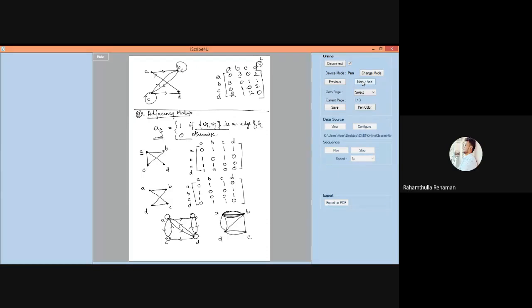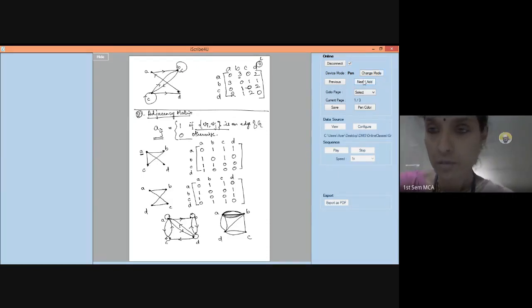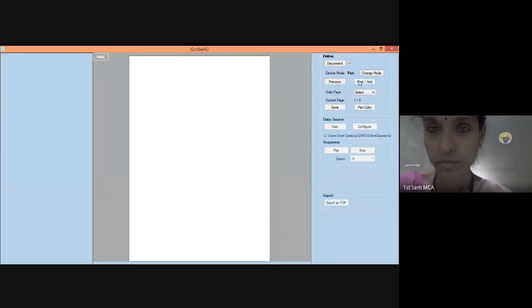Okay, let me change this. Right. So the next one that we are going to see is how we represent graphs using incidence matrices. That is the third way of representing it. Every entry in the matrix we call Mij.